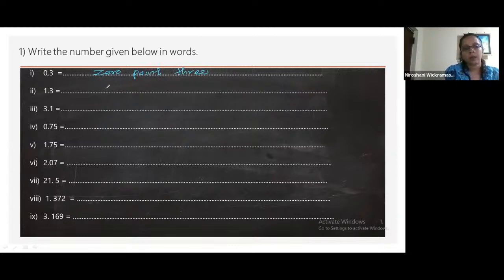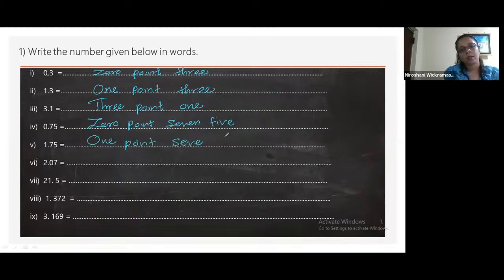What about this? 1.3. This one? 3.1. 0.75. 1.3. 2.07. 1.3.16.